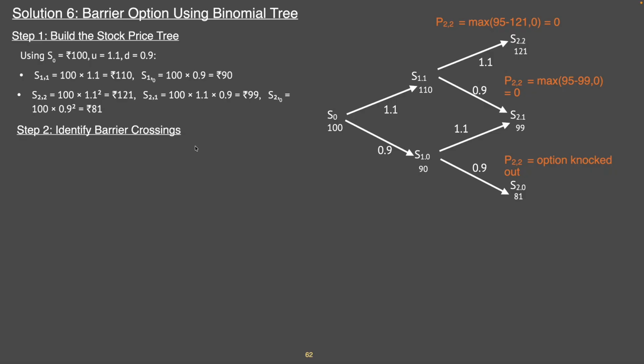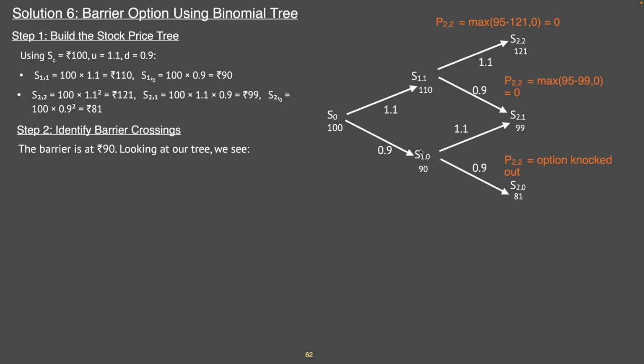Now the second step is to identify the barrier crossings. What is the barrier value? The barrier value is ₹90. Any time the price reaches 90, the option gets knocked out and becomes worthless. So where can the option get knocked out?